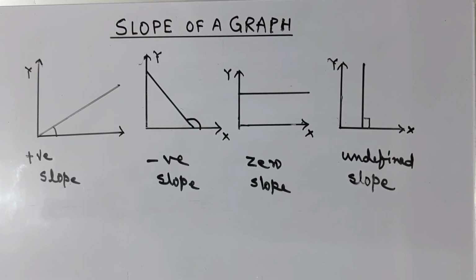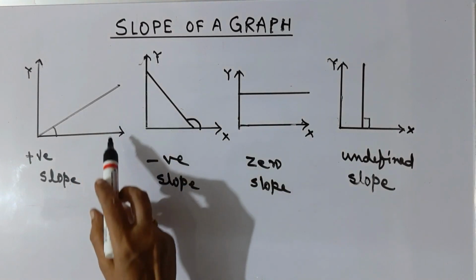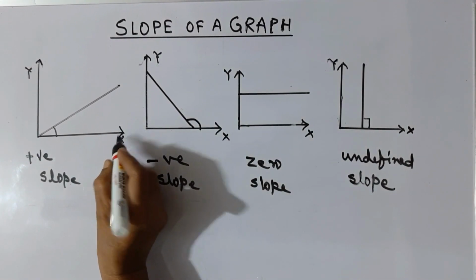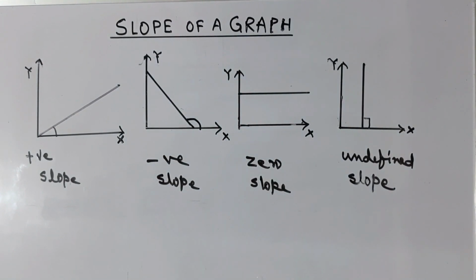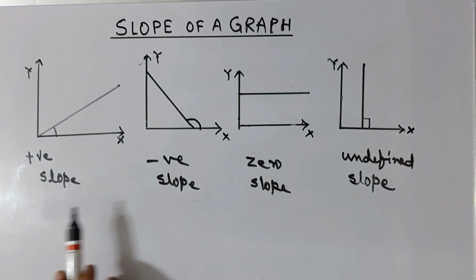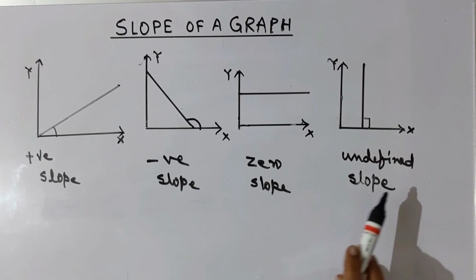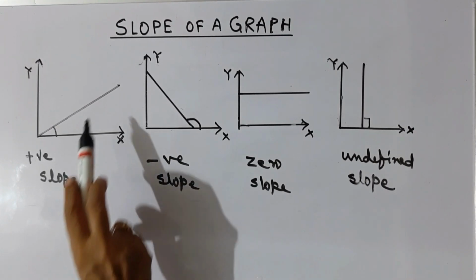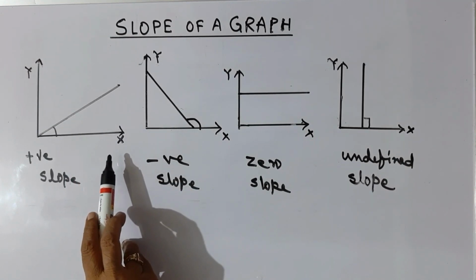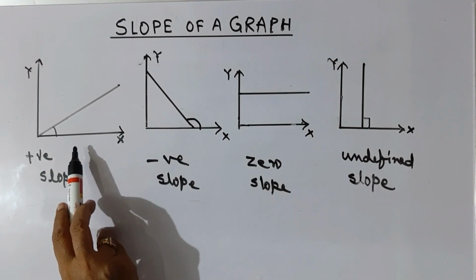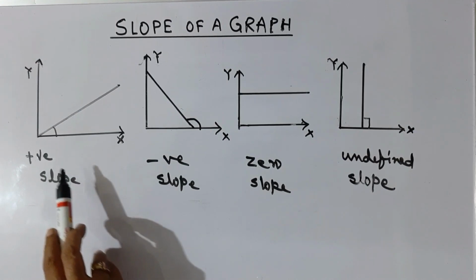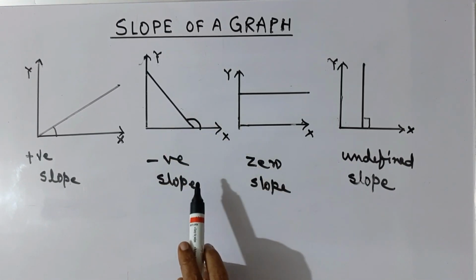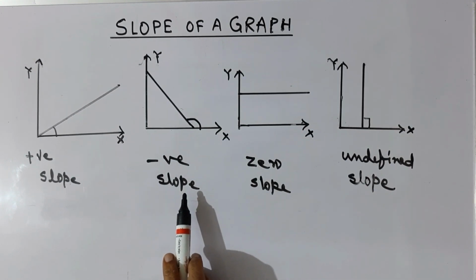Depending on the angle between the graph and the x-axis, the slope of a graph may be positive, negative, 0 or undefined. When the angle between the graph and the x-axis is less than 90 degrees, the slope is positive. When the angle is more than 90 degrees, it is a negative slope.